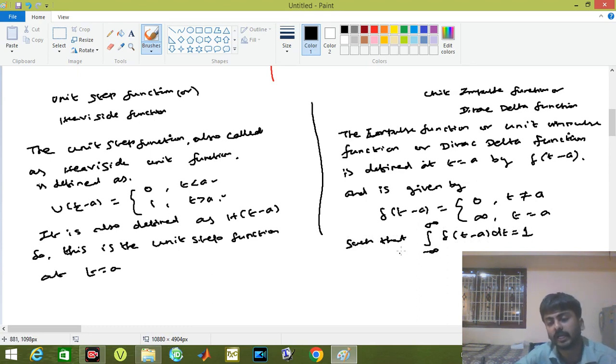This integration is meant to find the area. Whenever we are using integration, we are finding the area of something. So if we integrate the Dirac delta function from minus infinity to plus infinity, we will get the area as 1. Paul Dirac defined this in 1927, I think, for his physics contribution.